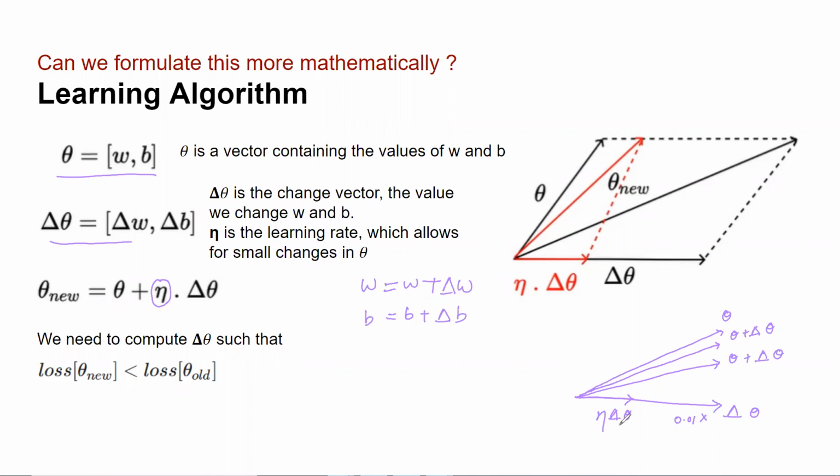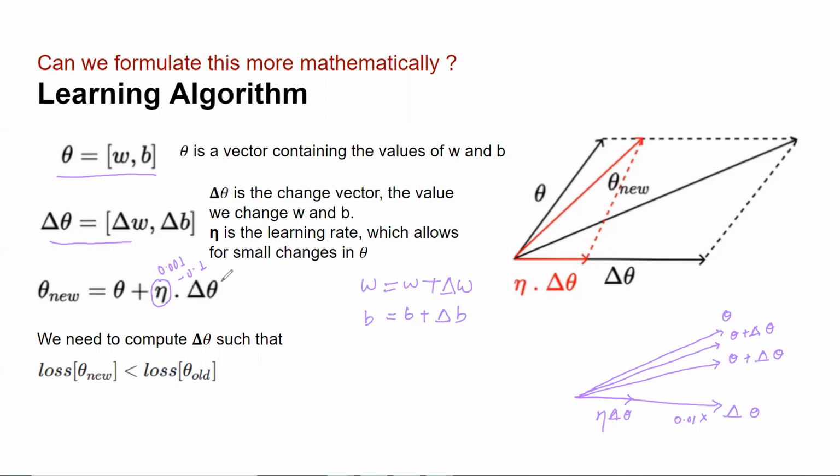In order to control my delta theta, I need to introduce a very small constant, and that constant is called eta. Typically eta has a very small value, between 0.0001 and 0.1. The only reason we introduce it is that we want to reduce delta theta, because we want to make a very, very small change in the value of theta.